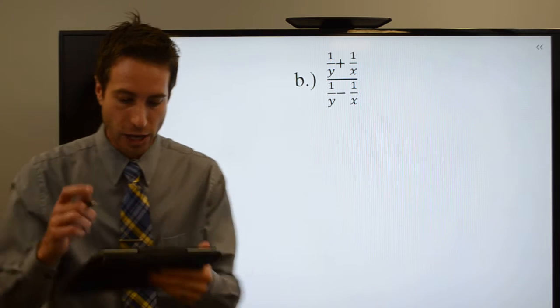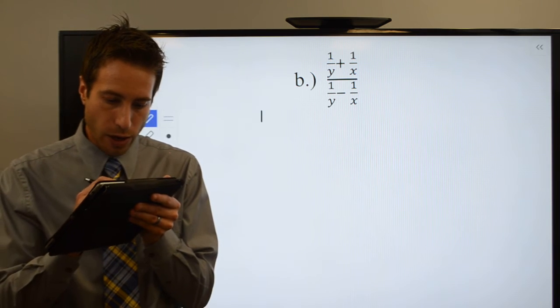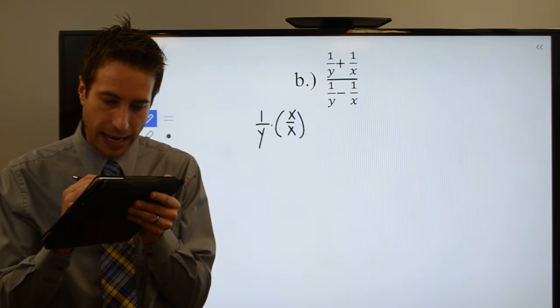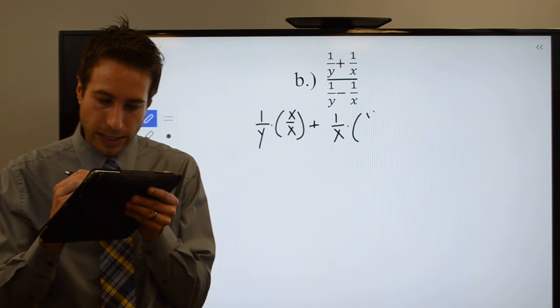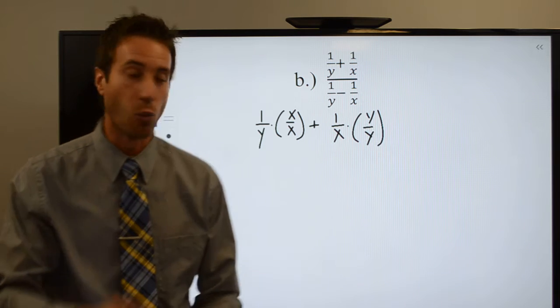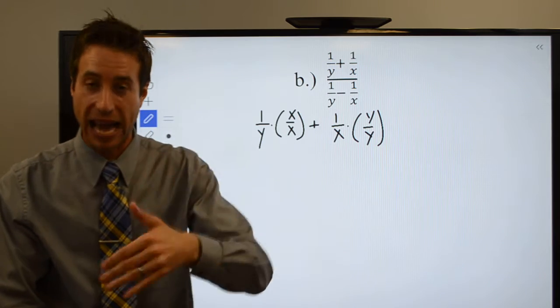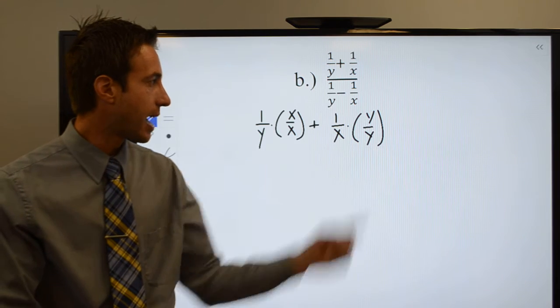Same thing down here. So first step is going to be 1 over y, which needs to be multiplied top and bottom by x over x, plus 1 over x, which needs to be multiplied top and bottom by y over y. Again, that's because y and x, the LCM is xy, right? So that's how I'm going to get it, xy, xy.